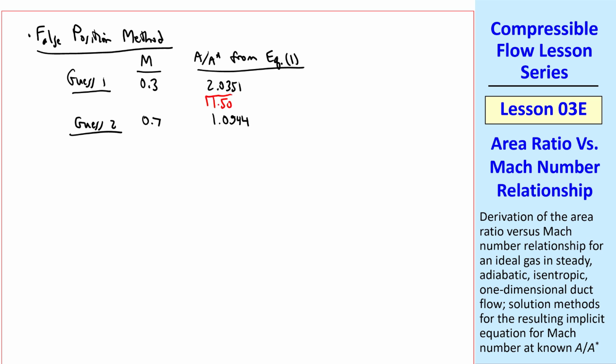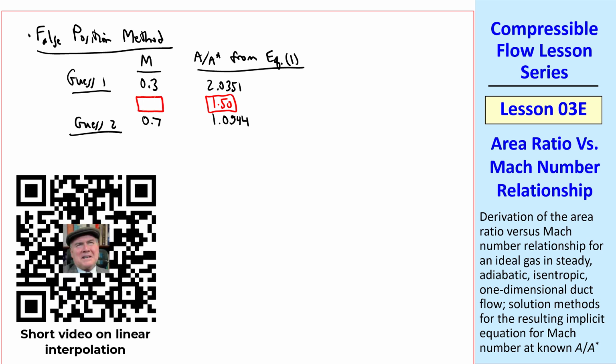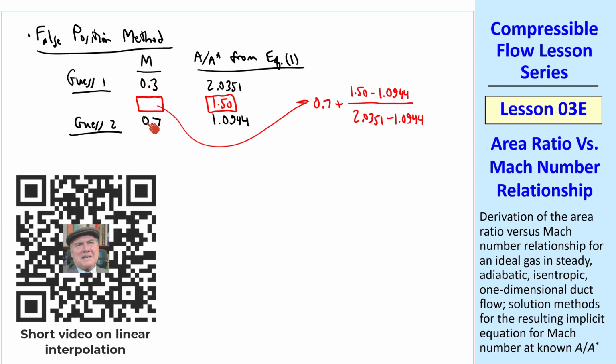So now I interpolate with the goal of getting 1.5, and you should all remember linear interpolation. This value is 0.7, the lower one, our second guess, plus 1.50 minus 1.0944, this value, divided by the top value minus the bottom value, this minus this, times the difference between these two.